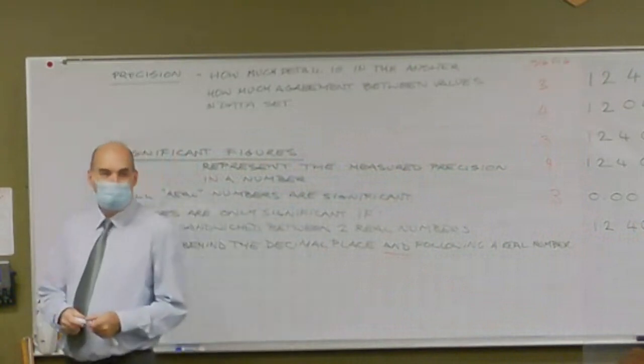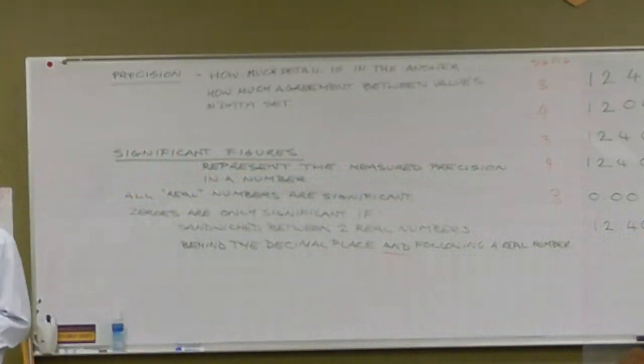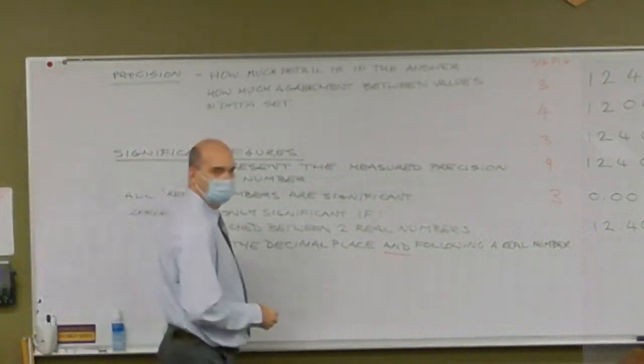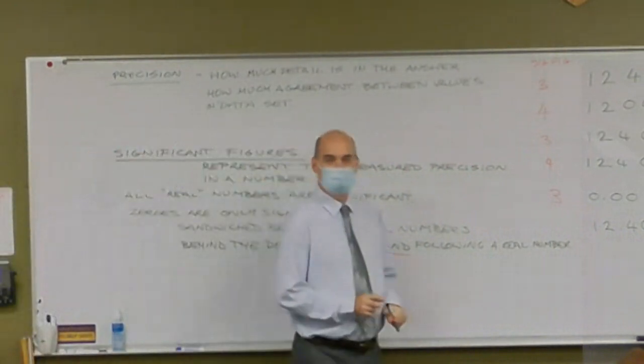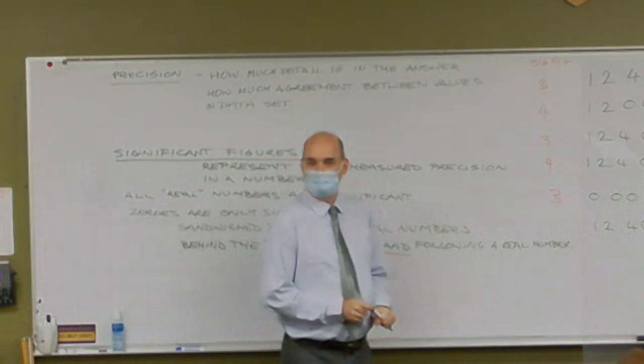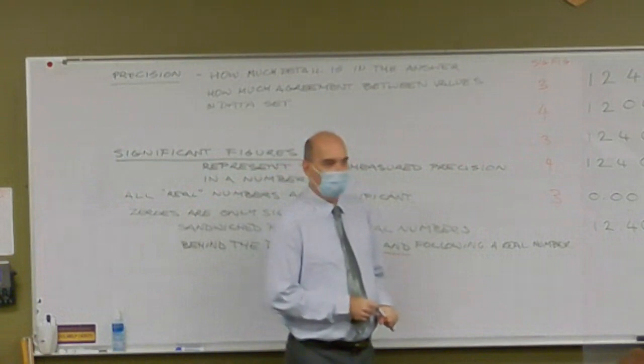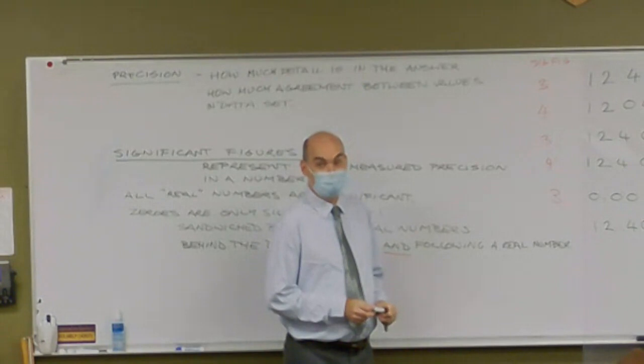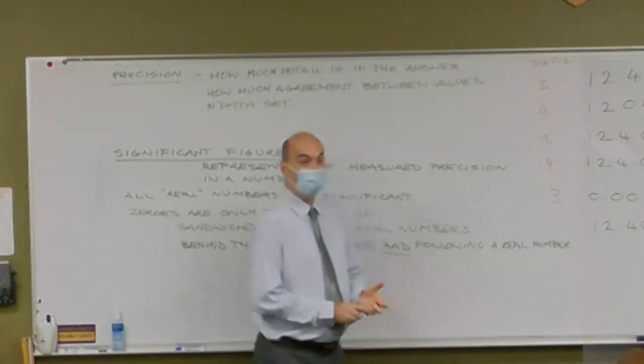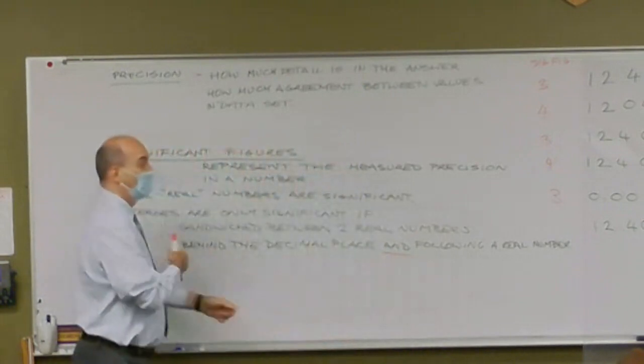That's got a 0 in it. How many significant figures do we think are in this one? 4 sounds right. Let's check.